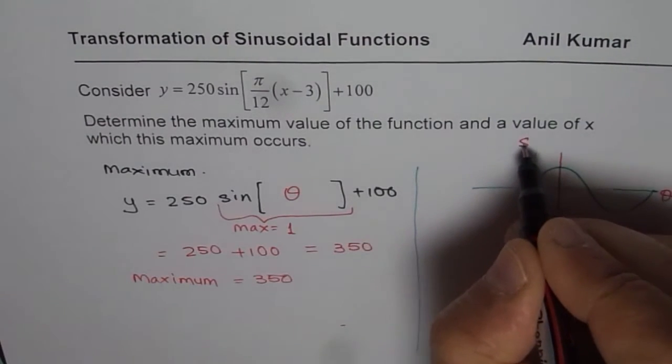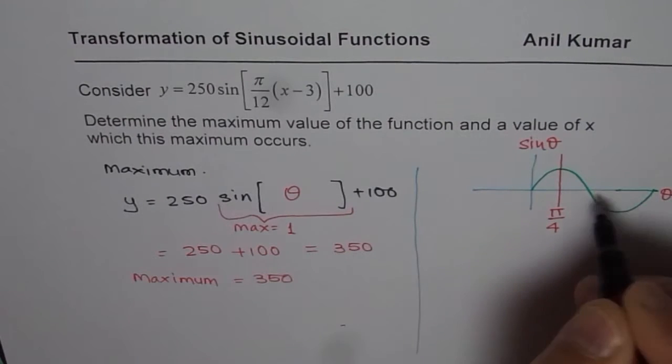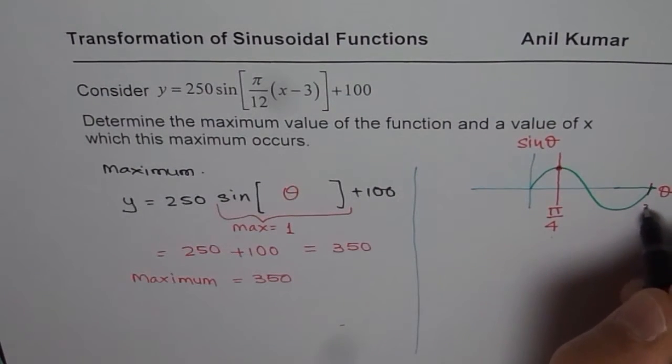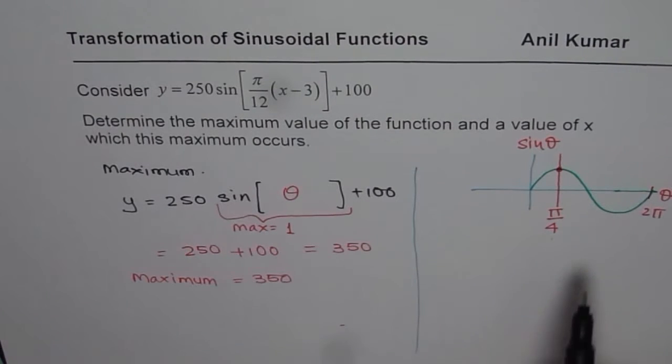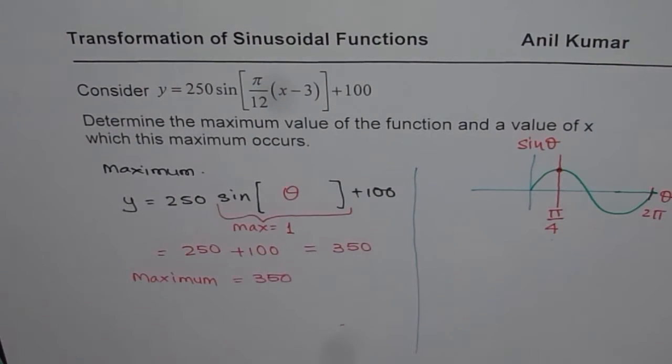For a sine function, we are saying sine theta, so sine theta will be a graph like this. So for sine theta, maximum happens at pi by 4, where this is 2 pi. So that is to say that this maximum will happen at sine of pi by 4.